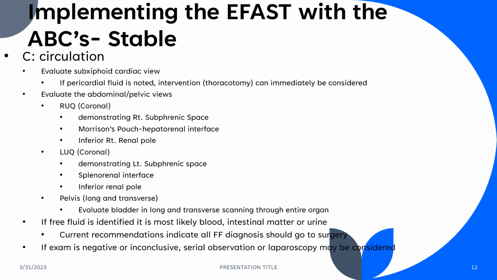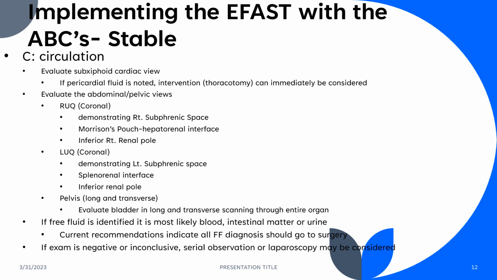And obviously, if there's any fluid there, it's going to be assumed that it is a hemopericardium until proven otherwise. So if pericardial fluid is noted, intervention such as a thoracotomy can be immediately considered.